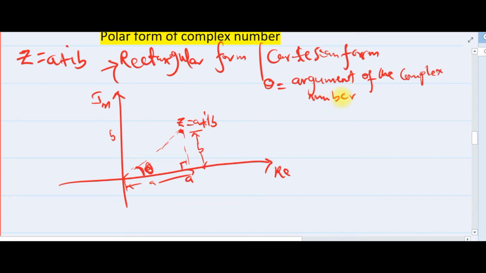Though a complex number has many arguments, because you can also read this from this side, moving in the clockwise direction. That's also an argument. Beta is also an argument. They are all arguments. So let's continue with what we have. We are using theta.